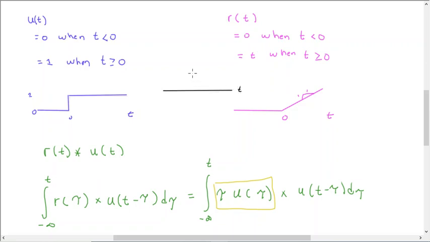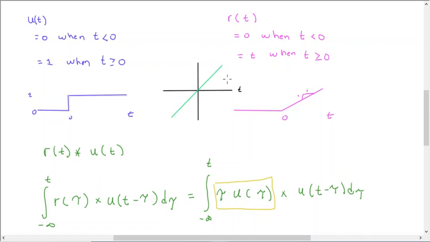Here's time. So what is t, right? We're saying the first function is t. We'll pick a nice, pretty color for t. That's t.